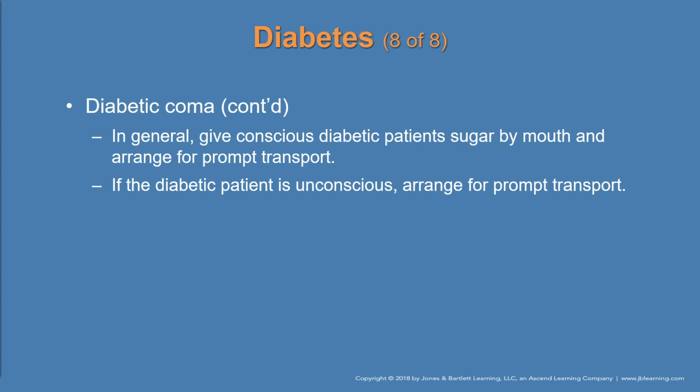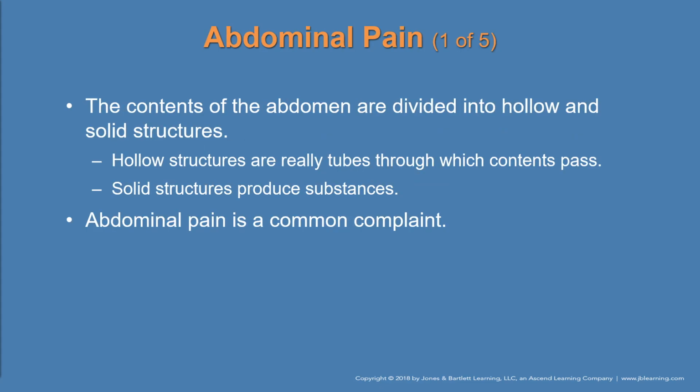If the patient is experiencing low blood sugar, the sugar may improve the patient's condition. If the patient is experiencing high blood sugar, the sugar is not going to raise glucose enough to do them any further harm. So in general, give conscious diabetic patients sugar by mouth. If the patient's unconscious, then we just need to take them to the hospital.